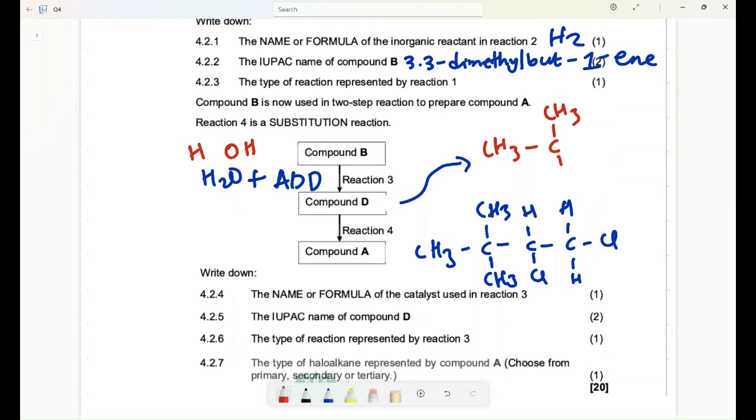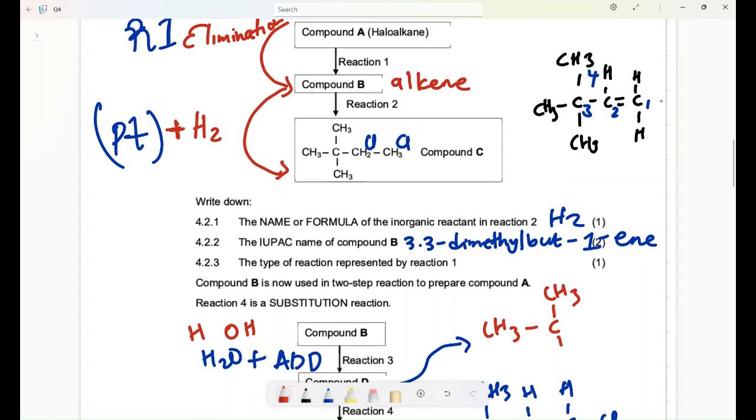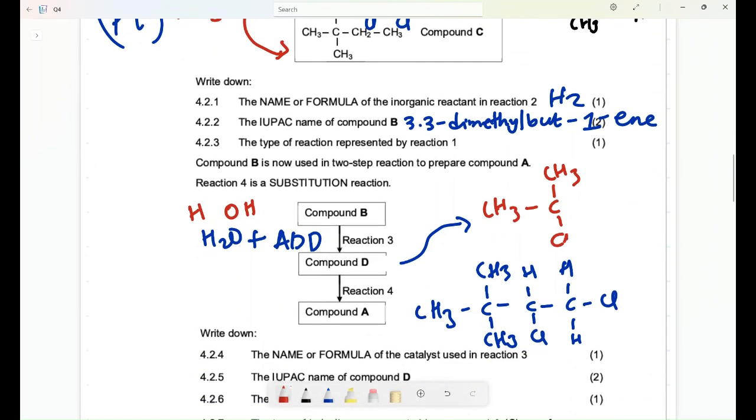Remember, Markovnikov says the richer gets richer. This one already has 2 hydrogens. This one has 1. So when we add, we will add the hydrogen here, because we want to make it richer. Because Markovnikov says the richer should get richer. It already has 3, so make it rich. The poorer then will get the remainder, like that.